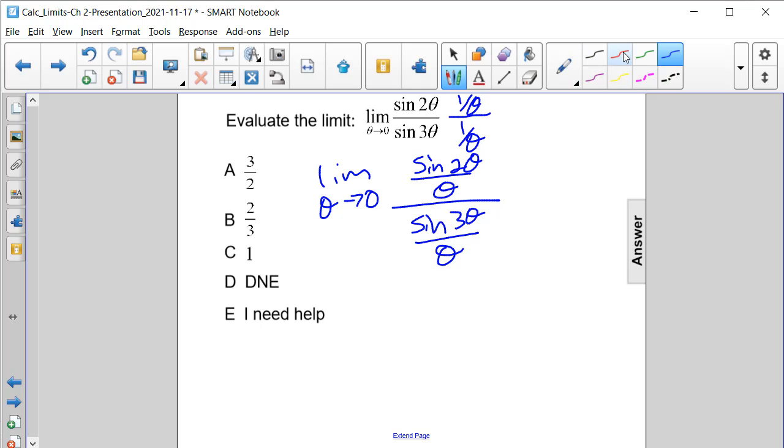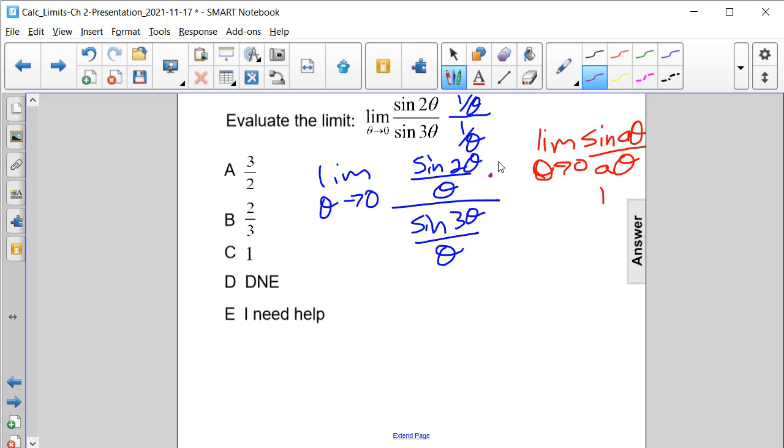All right, so we also know that the limit of sine a theta over a theta as theta approaches 0 is equal to 1. So this a value, in the numerator 2 and the denominator 3, is what we're going to multiply both of those by.